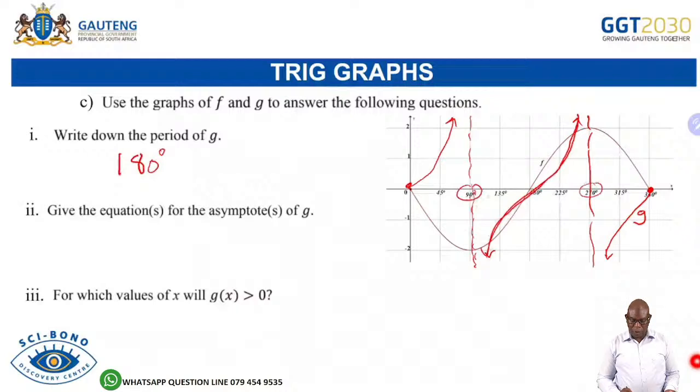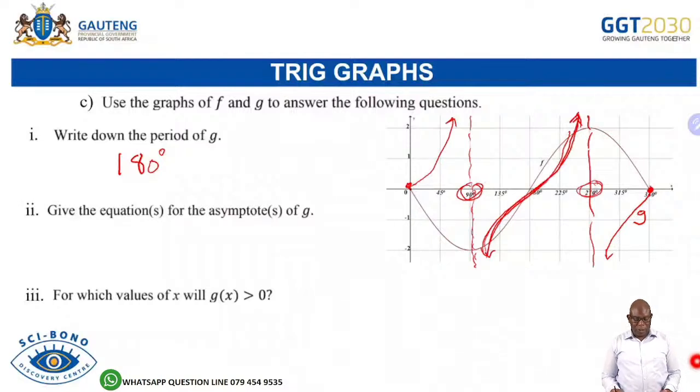Can you see from 90 to 270? This is a full graph. This part and that part will form another full graph. So it is complete at 180 degrees. So from 90 to 270, it's 180, it's a complete graph.